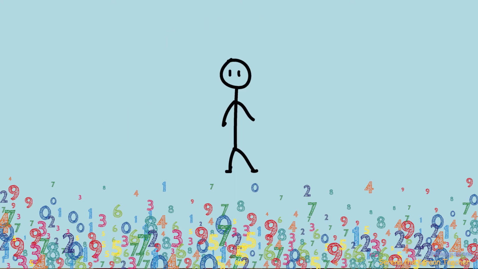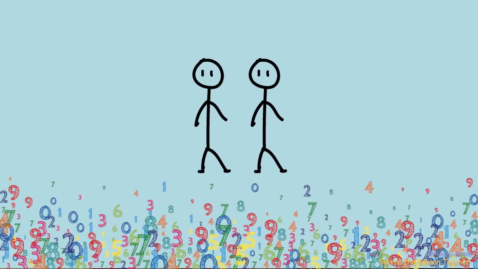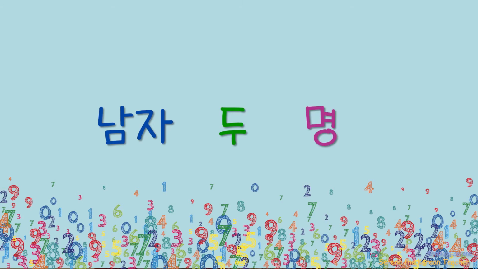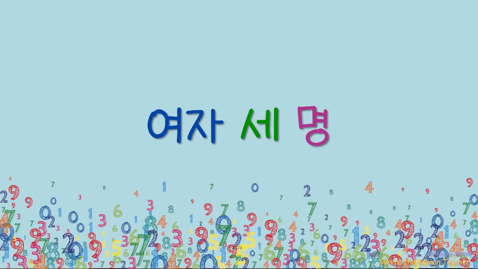What about two men? How do we say two men? Man in Korean, 남자, and two, 두 명. Very good. 남자 두 명. What about three women? 여자 세 명.